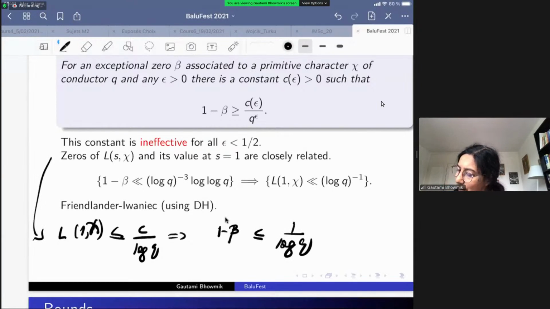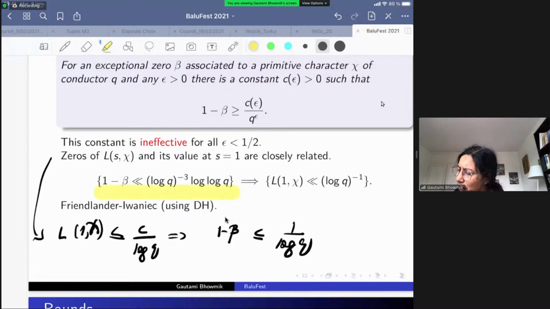That's something that's known. And using what Friedlander and Iwaniec, in a somewhat recent paper, call the ultimate Deuring-Heilbronn property, they can show that if 1 minus beta is small, then L(1, chi) is small, yeah.